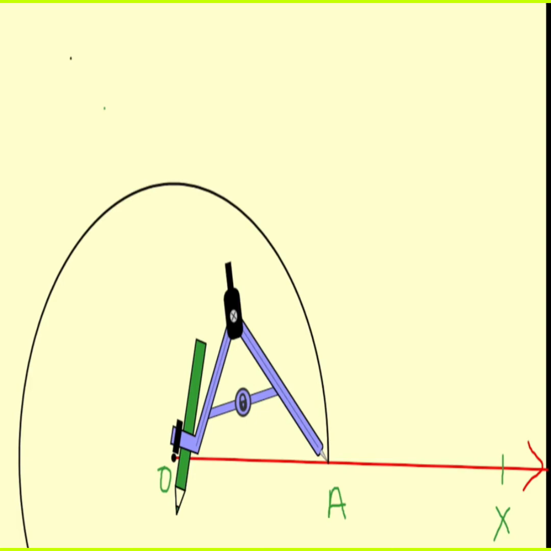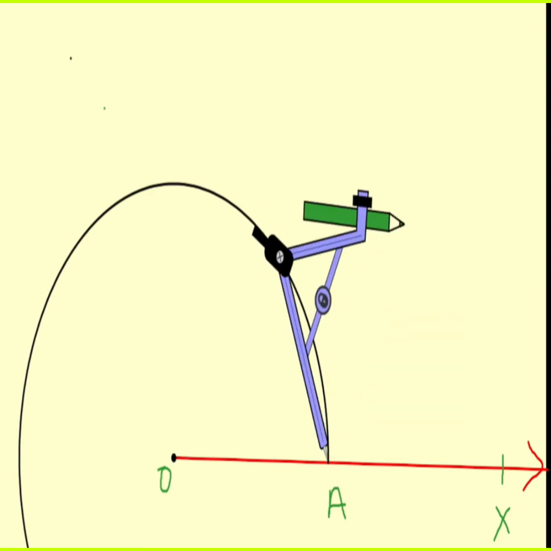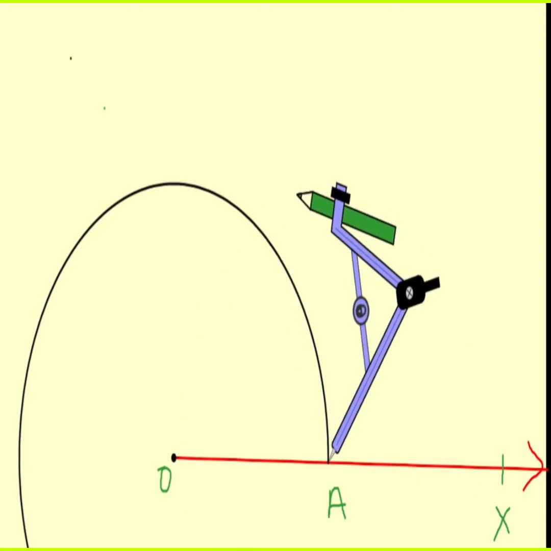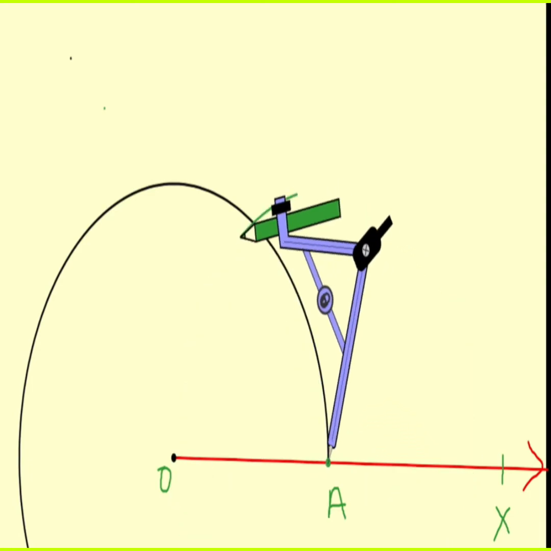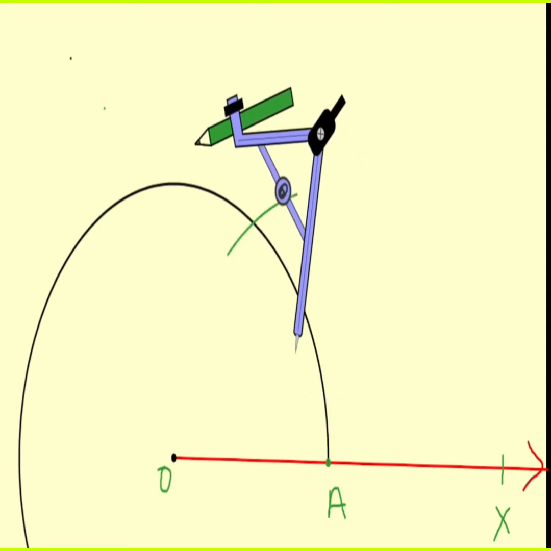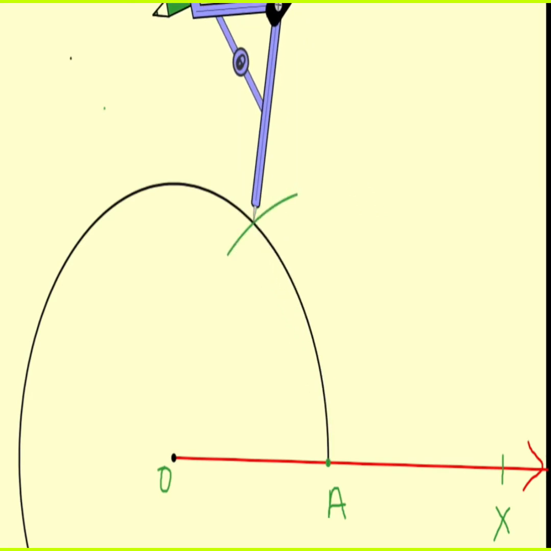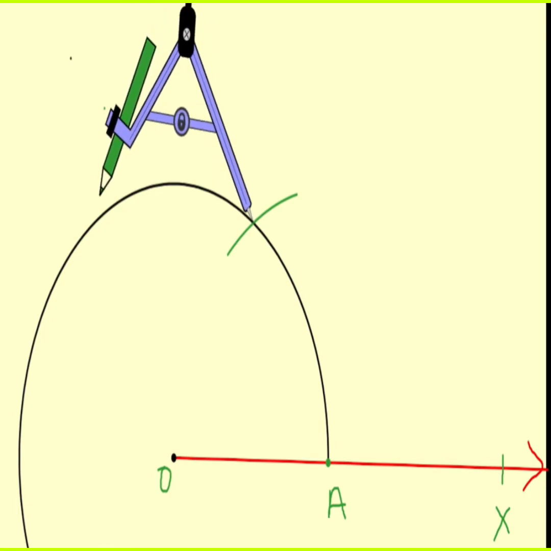You can see it on the screen. This is the starting point A, and after that you will mark an arc such that you can see here. This is angle 60 degrees, and again you will mark the next arc. This is the angle of 120 degrees, once more 60 plus 60 means 120 degrees.